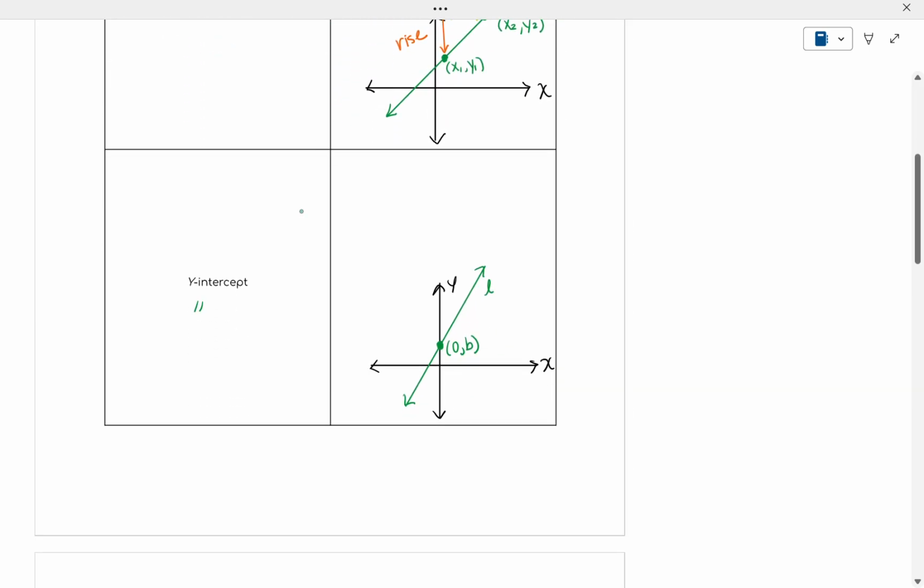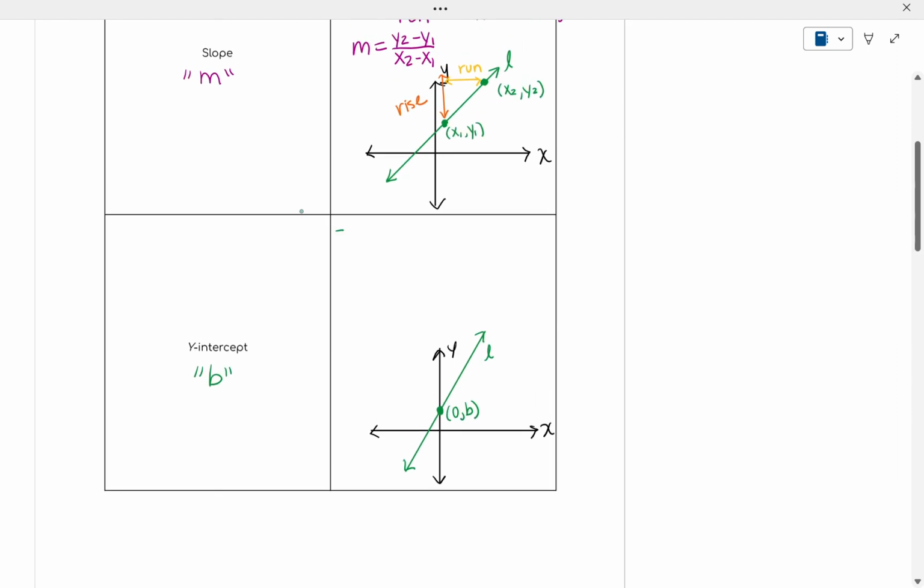So this is known as b, and this is the point where the line intersects the y-axis.